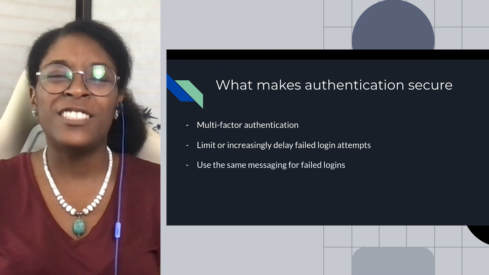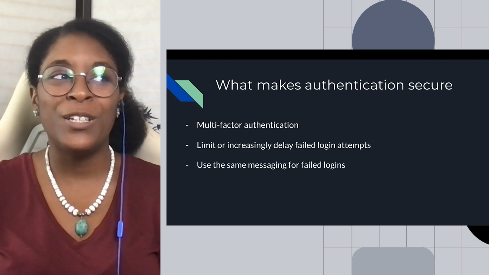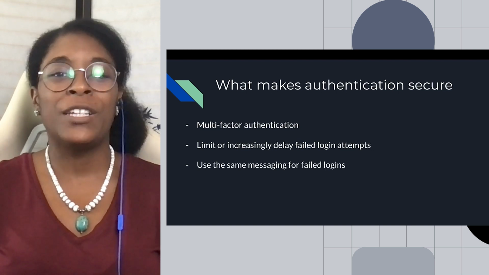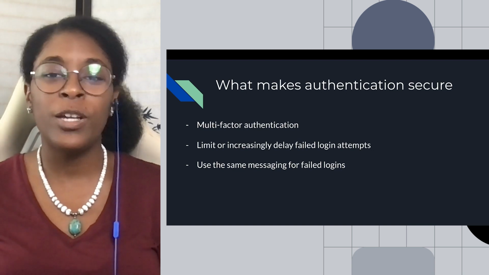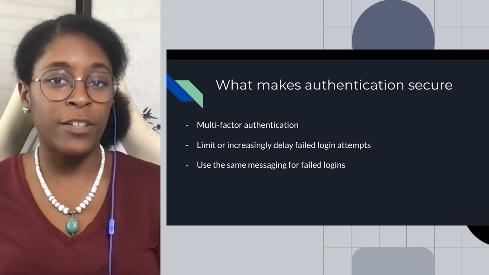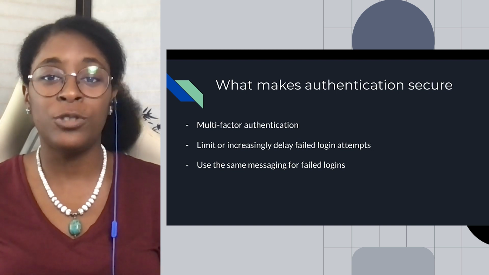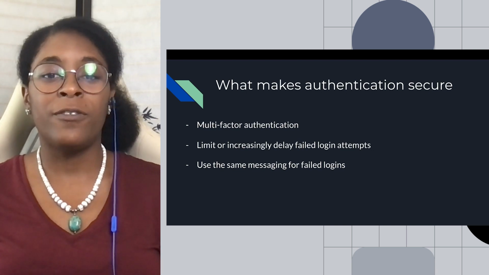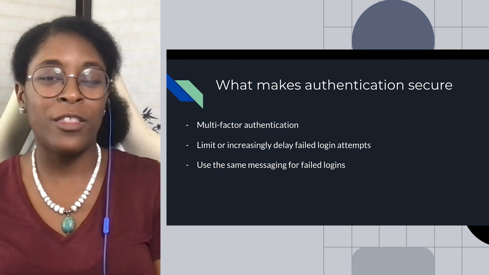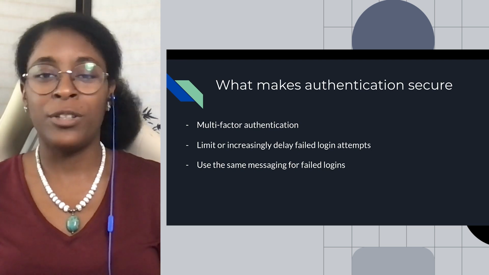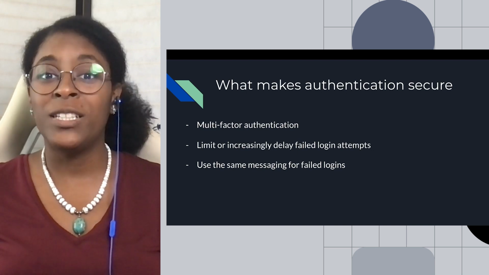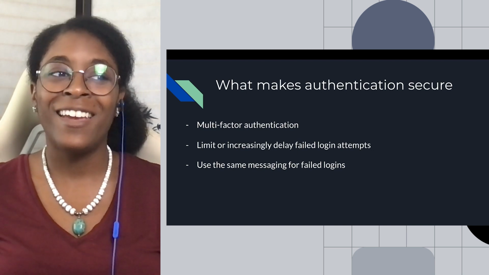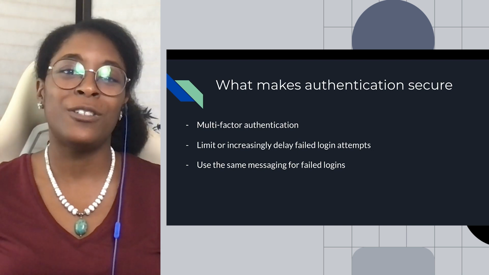And then this is something that is a little bit tricky, because as developers we want to find a good balance in giving users information that is useful to them. So if they are logging in with the right username but the password doesn't match what's with that account, it's really tempting to tell them, hey, you're using the wrong password.